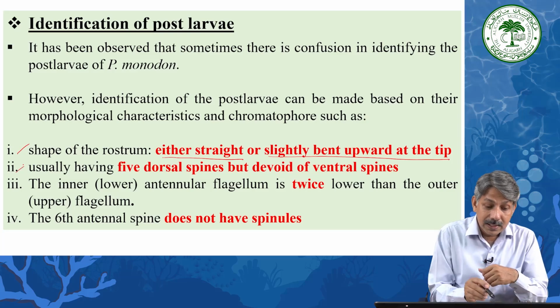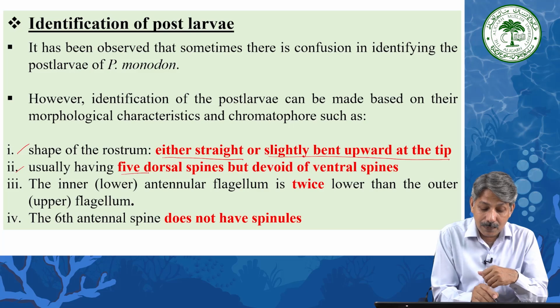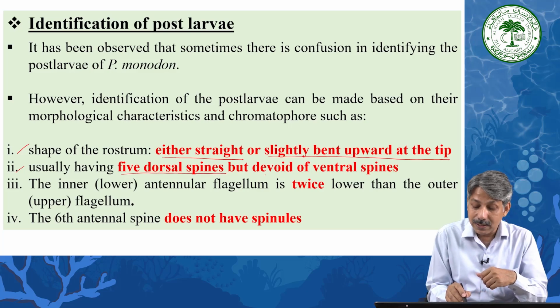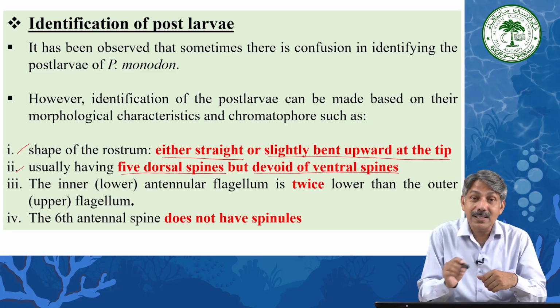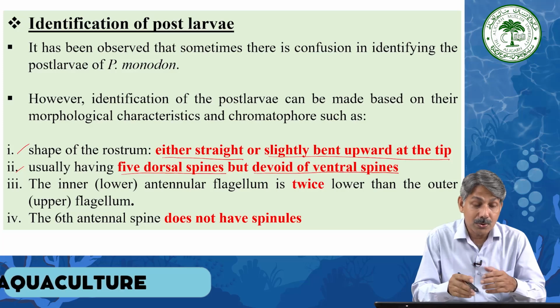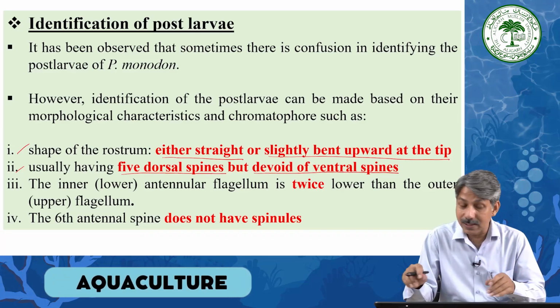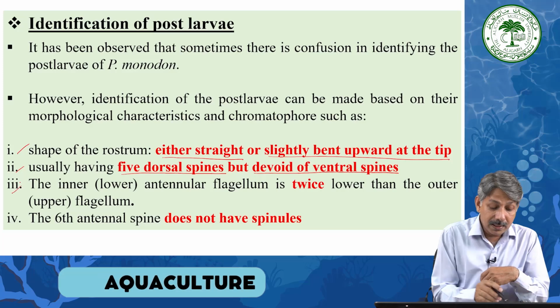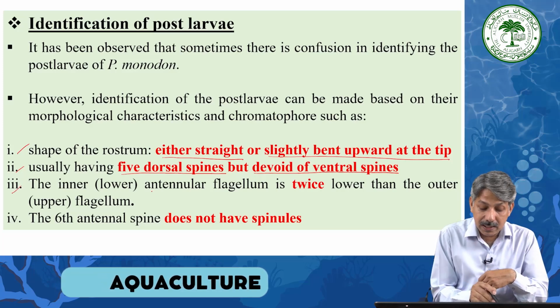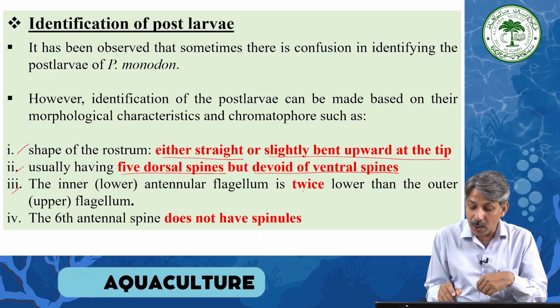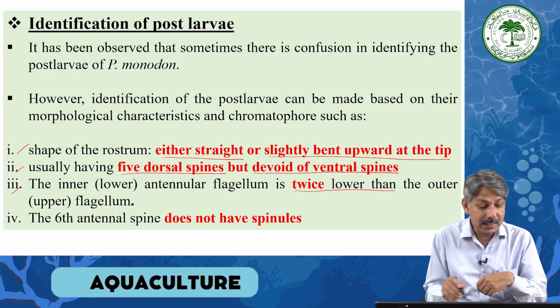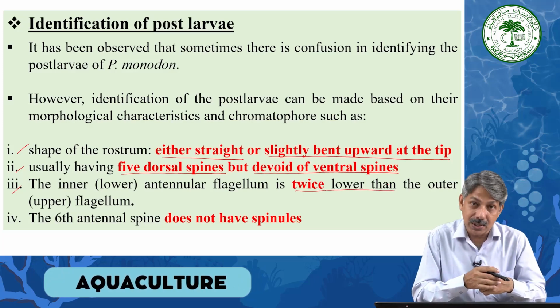Second, these PL stages usually have 5 dorsal spines but do not have ventral spines. The inner or lower antennular flagellum is half the length of the outer or upper flagellum.